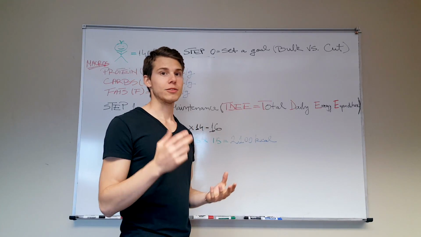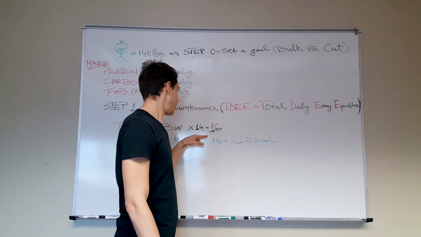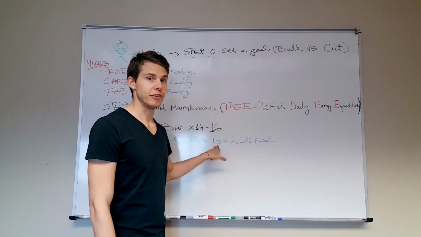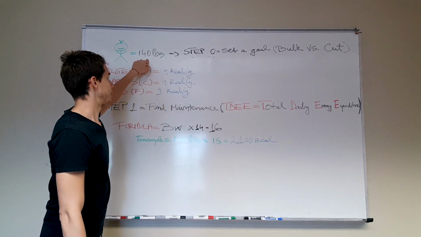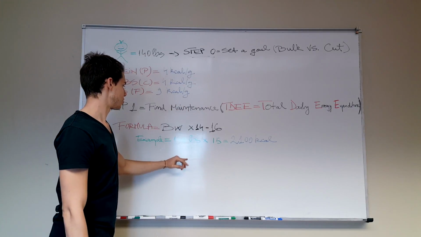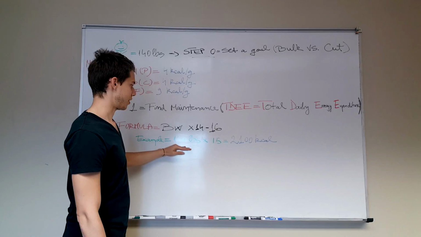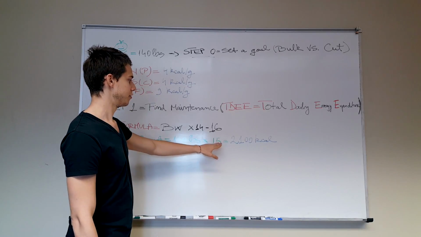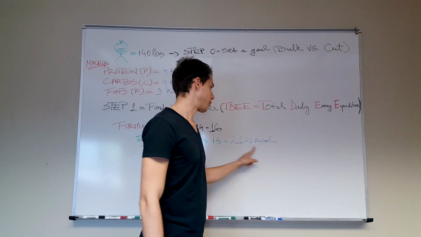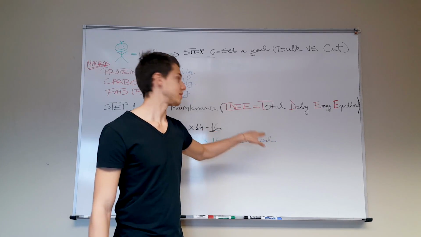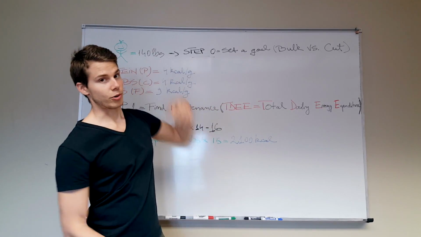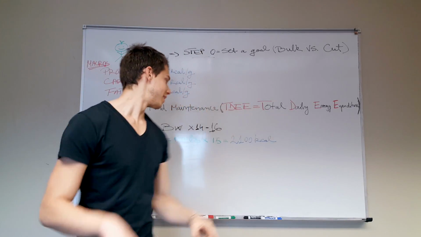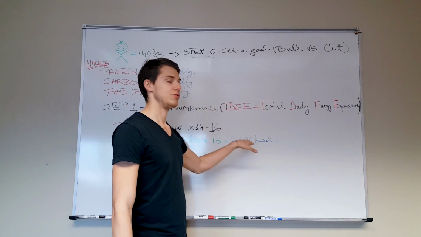I also train 3 to 4 times a week, so I chose a multiplier of 15, which with the target dummy of 140 pounds, body weight 140 pounds times 15, gives us 2100 calories as the maintenance, the amount that this target dummy, or me post accident rounded up, would need to eat on a daily basis to maintain its weight.